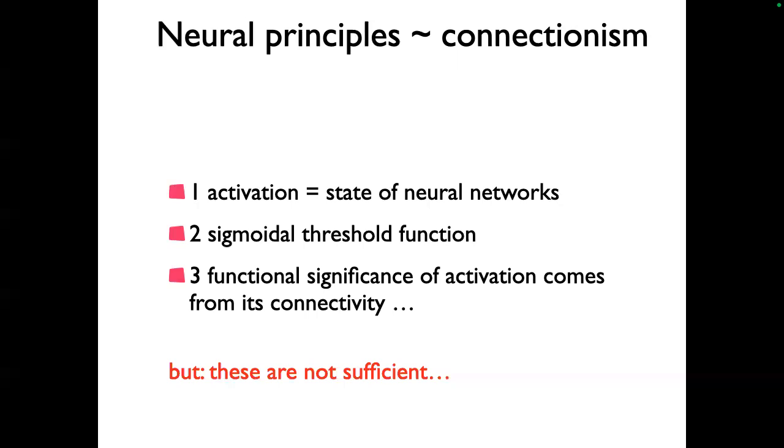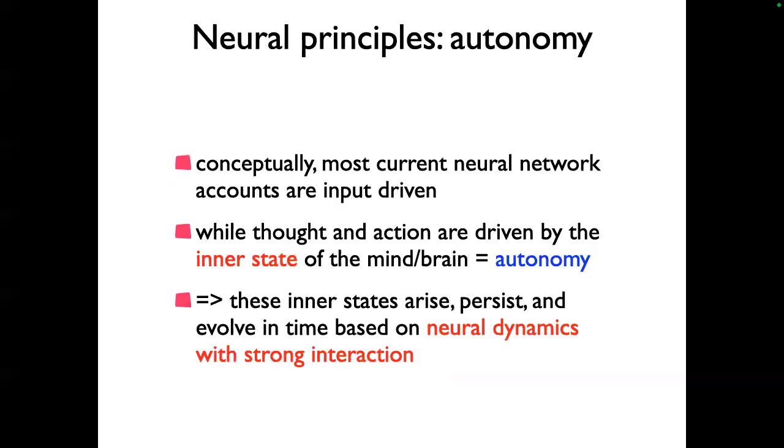But there are two ways in which these are not sufficient. It's a bit paradoxical, because the things we're doing are, technically speaking, just special cases of connectionist systems. But then I'm saying they have additional principles. What that actually means is that you have more constraints. It's not enough to just say networks. One of the additional constraints is a form of getting these systems to be autonomous.